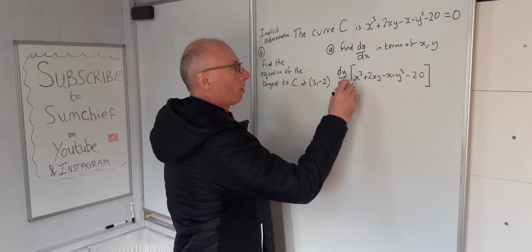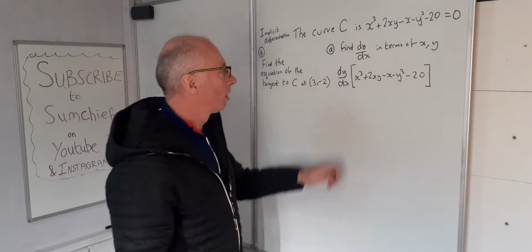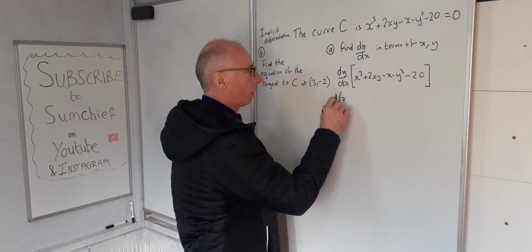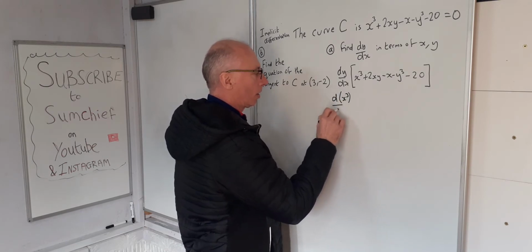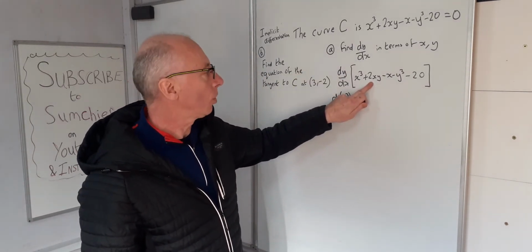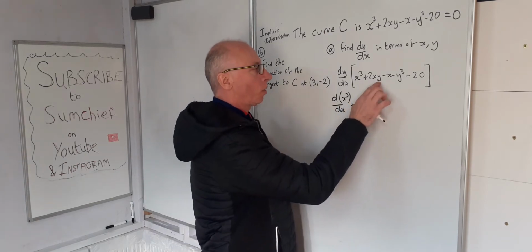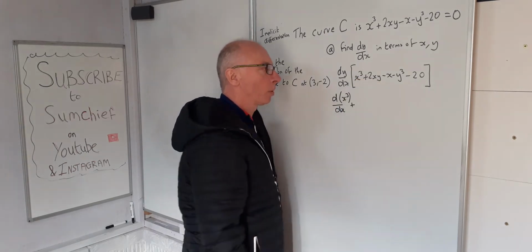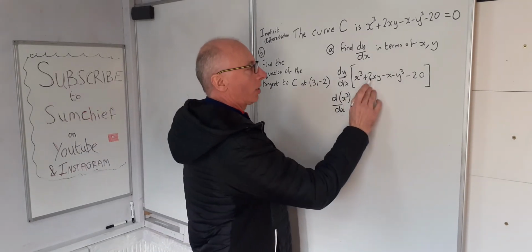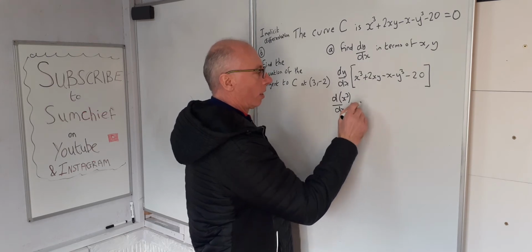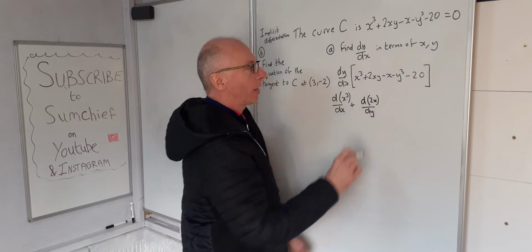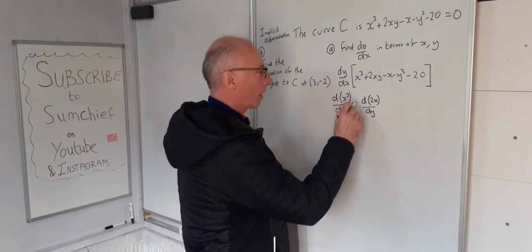So d/dx of x cubed, I'm just going to write it down like this, plus the derivative of 2xy. With 2xy we've got two different variables mixed, so I can't go straight into that. First I'm going to take the derivative of 2x, so d(2x)/dx, but there's a y there, so I need to multiply it by the y.